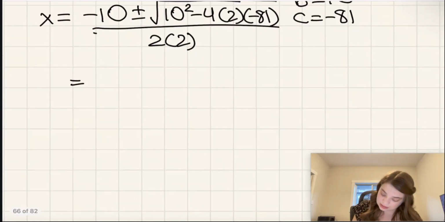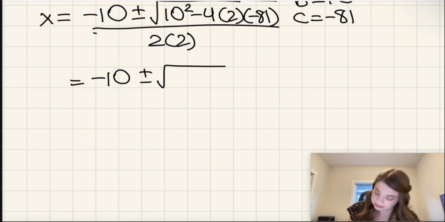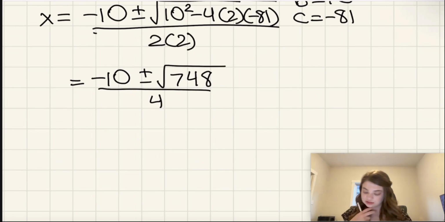And that is equal to negative 10 plus or minus the square root of, 4 times 2 times 81 is going to be 648, and that's positive 648 plus 100 is going to be 748 in our square root sign, all over 4. And that is not a perfect square.